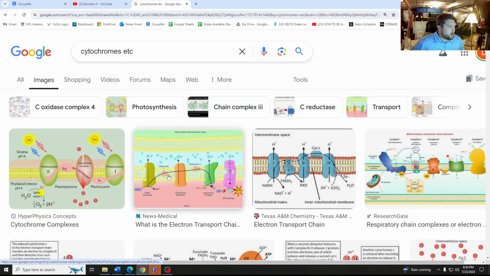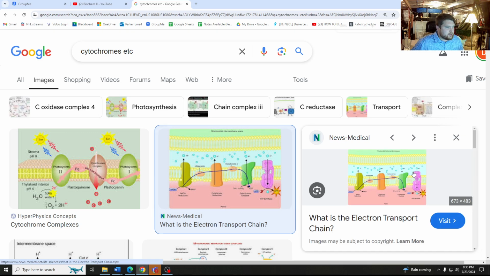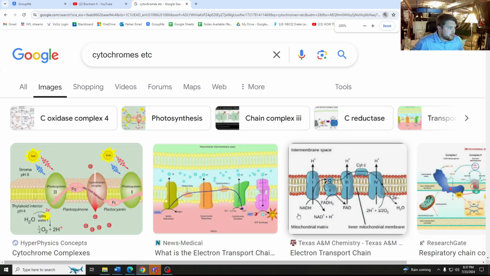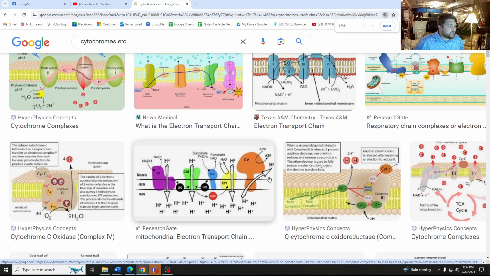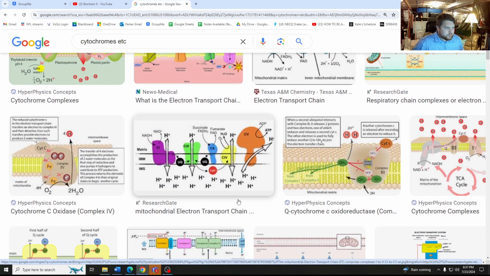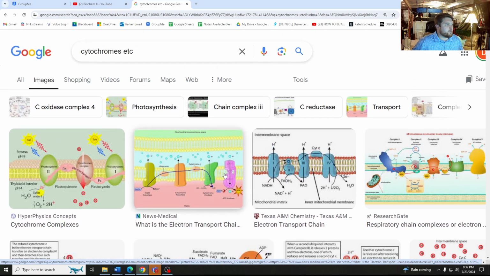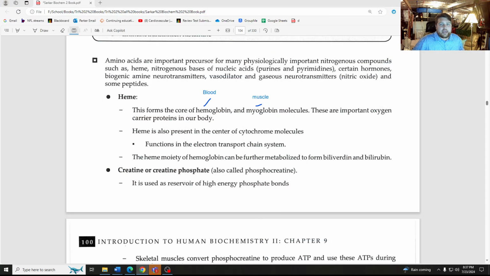When we were learning all about that, if I can get this to give us a good picture, remember all those different cytochromes, cytochrome C, and we had a bunch of different components within the electron transport chain that was responsible for passing along those electrons and helping us to create ATP for our muscles.